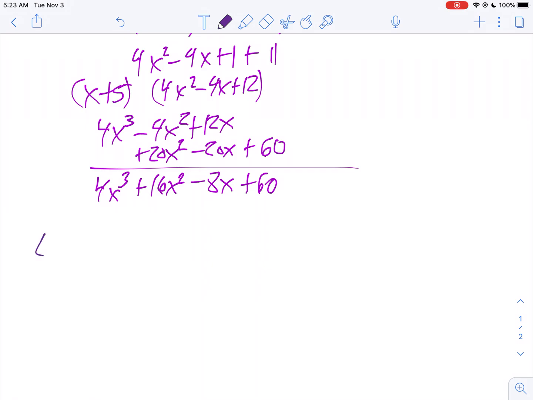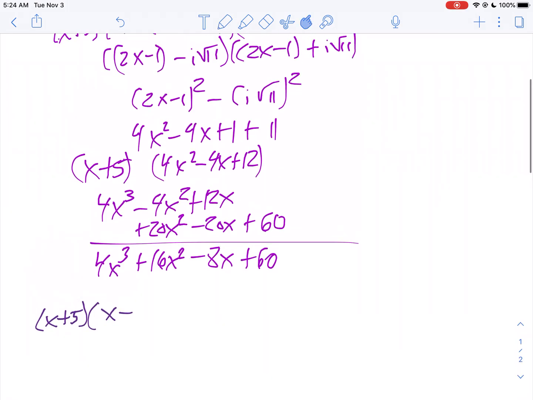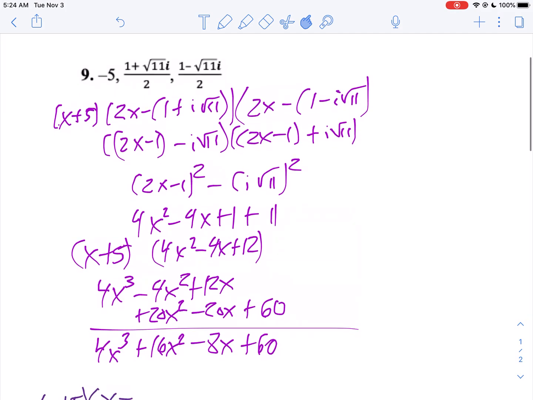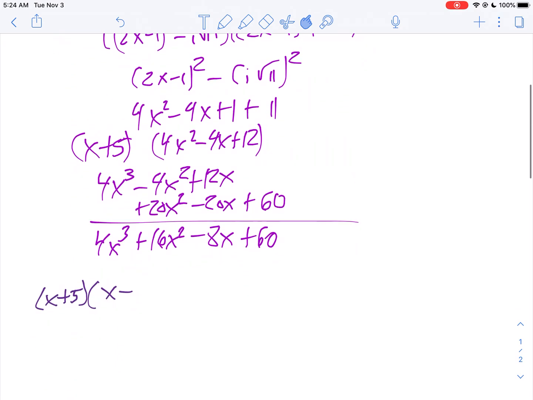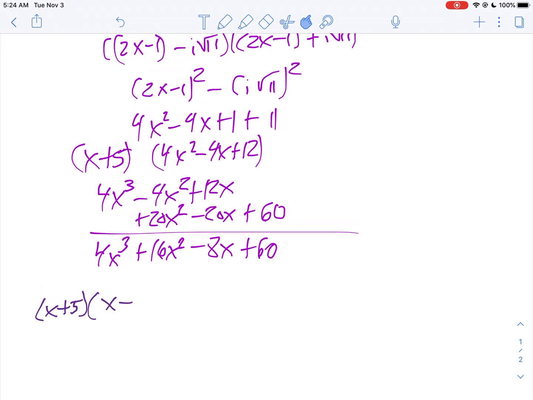In other words, I'm going to say it's going to be x plus 5 times x minus, and this time I'm going to leave the fraction alone. I'm going to split it up. So I'm going to say 1/2 plus i squared root of 11 over 2, times x minus 1/2 minus i squared root of 11 over 2.